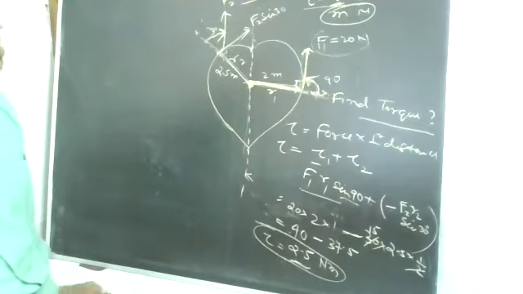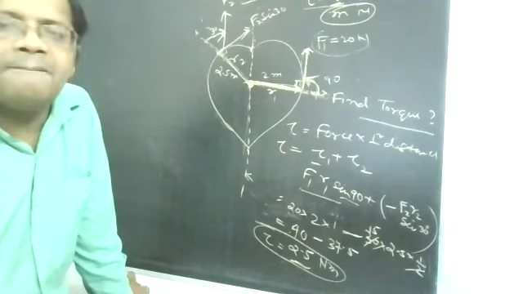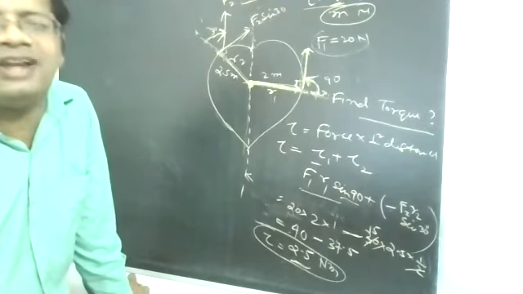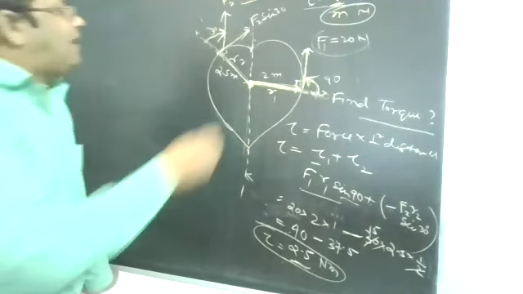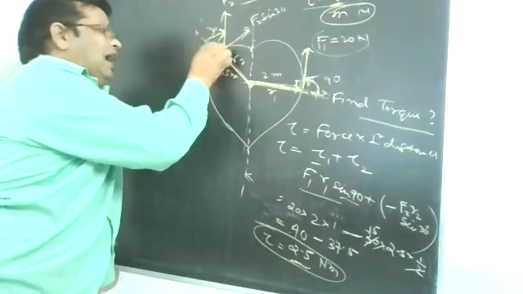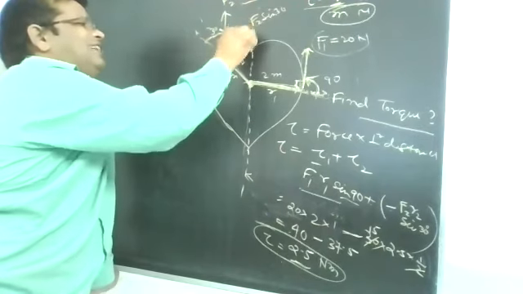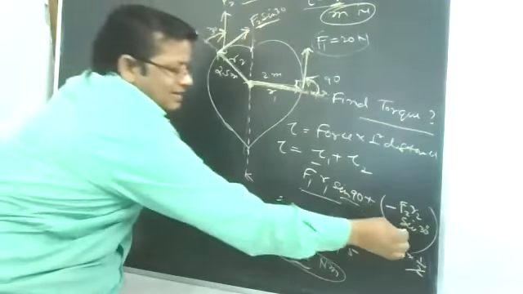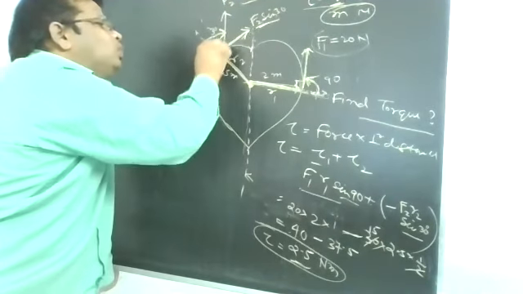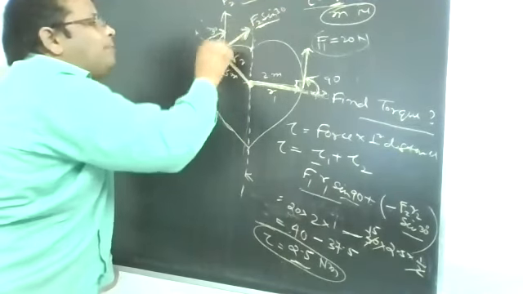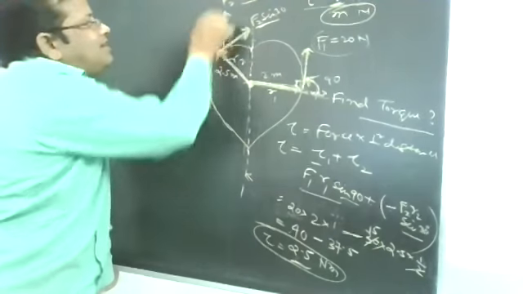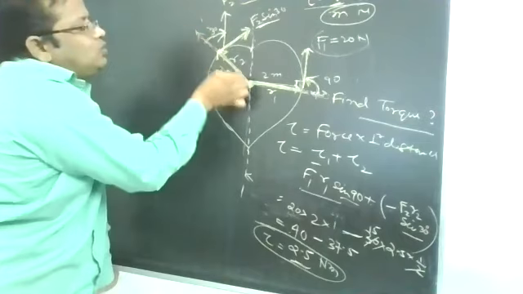2.5 Newton meter. Force into perpendicular distance into sin theta will also come. Yes, the perpendicular distance. So how did we find that perpendicular distance? And the perpendicular component of force. Look, beta, the sin theta component of R and F, F2, that is why sin 30 was used. Why? R2 and F2 both are perpendicular. We are not taking cos because F cos 30 will be parallel to this R2.